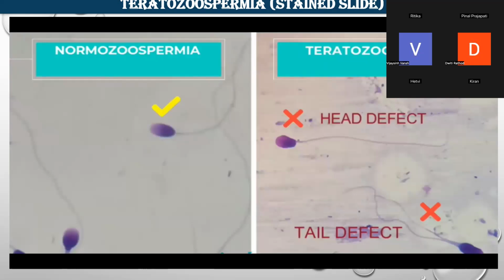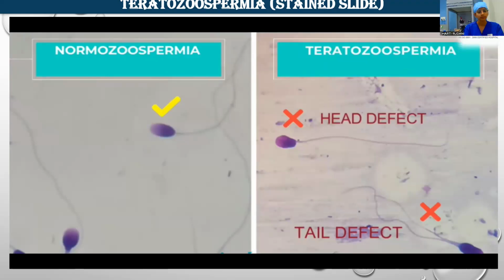Teratospermia is characterized by abnormal sperm morphology, including the head, neck, midpiece, or tail. In severe cases, careful sperm selection during ICSI becomes particularly important to optimize fertilization.